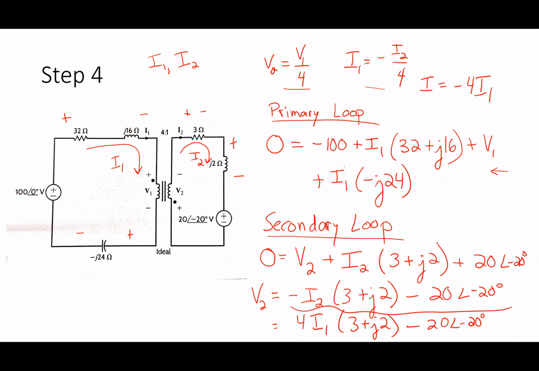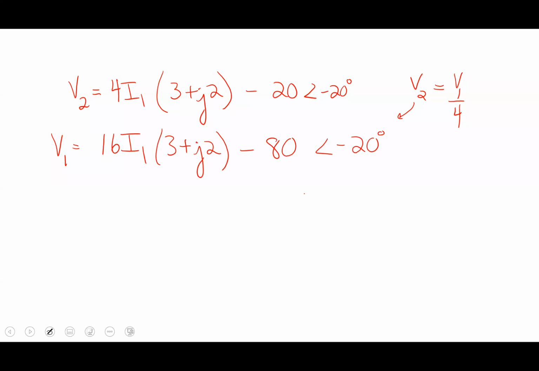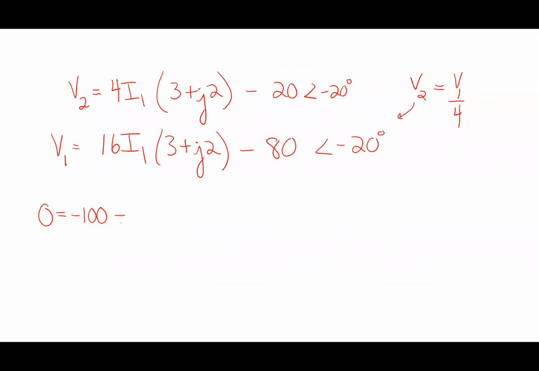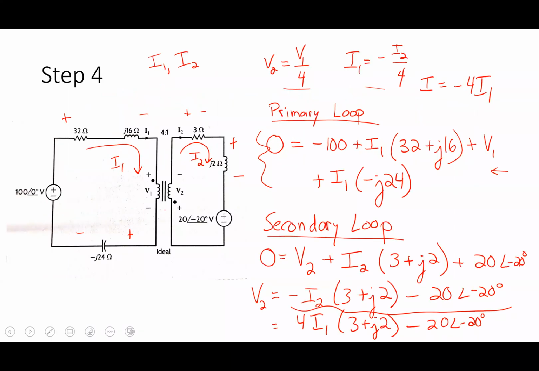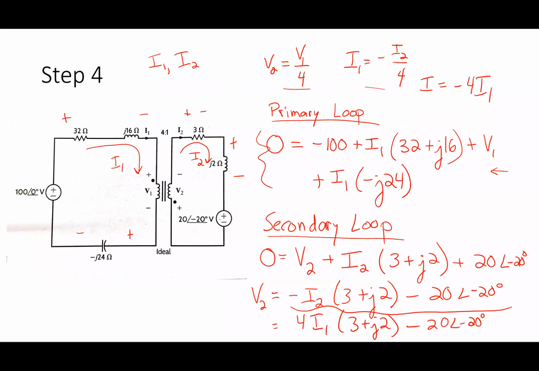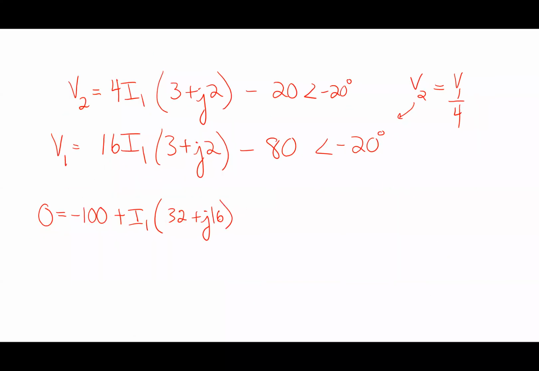So the primary loop was giving me an equation. The primary loop gave me this equation: 0 equals negative 100 plus I1 times 32 plus J16, plus V1 minus J24 times I1, like that.